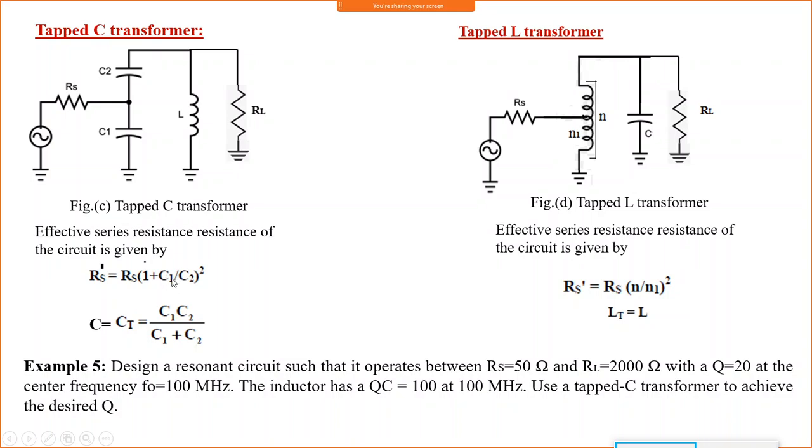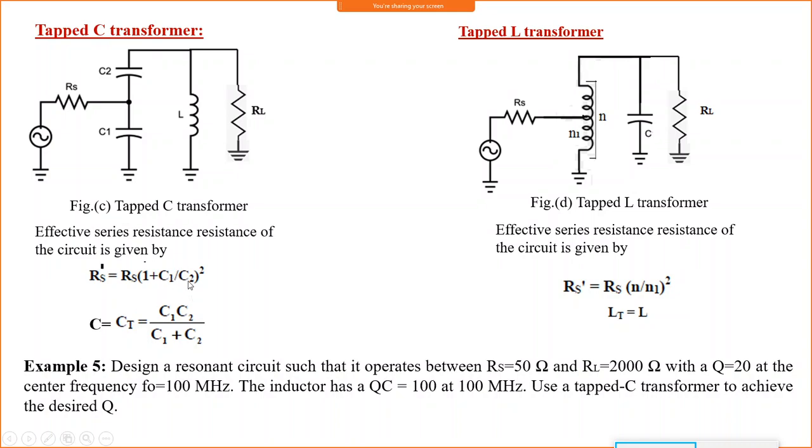You take some value for C1 based on what value of RS dash you need. The other one you can assume, and you get a value here. So the net resistance value depends upon the C1 and C2 ratio.